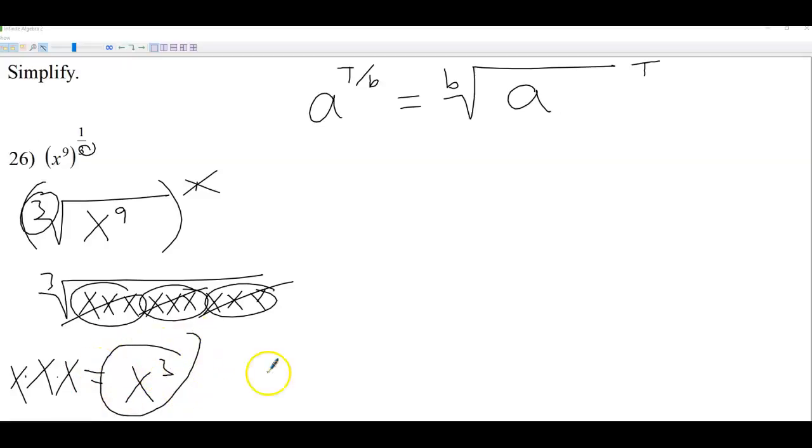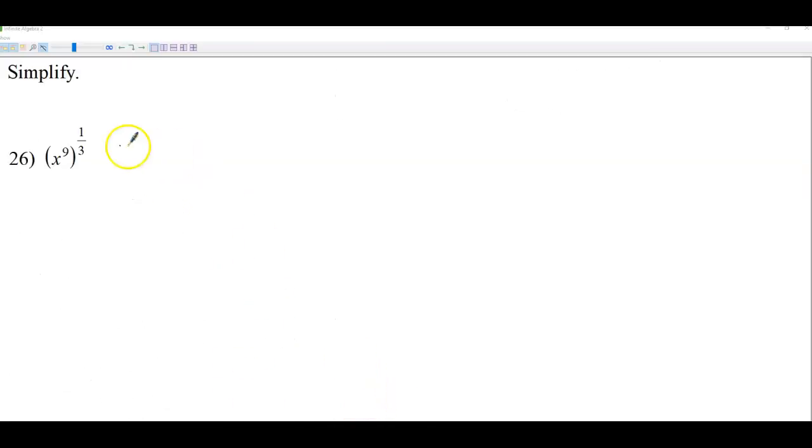Now that's the long way to do it. So the long way is to transform the exponent into a root, and then to simplify the root. Okay? Now the short way. The shortcut only applies if you have a variable with a power being raised to another power. Okay? And here's how that works.